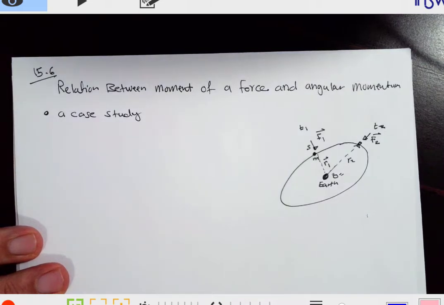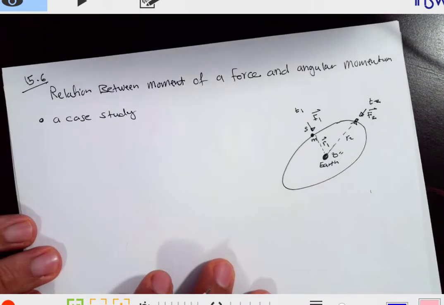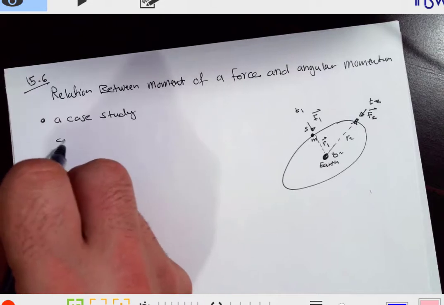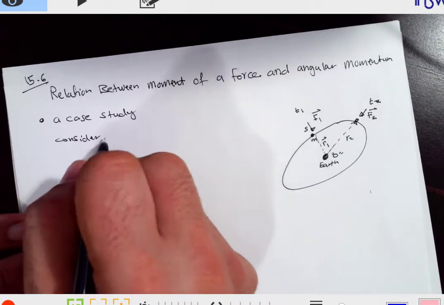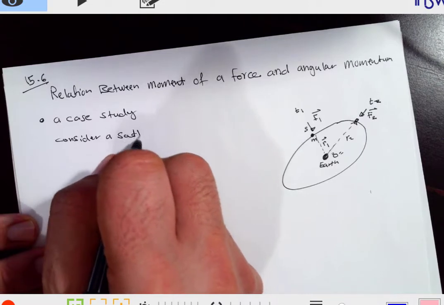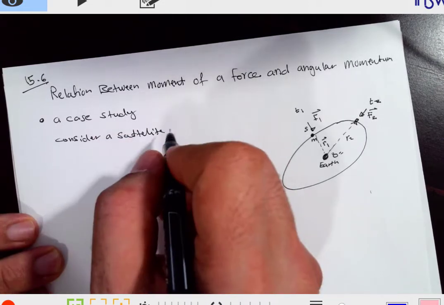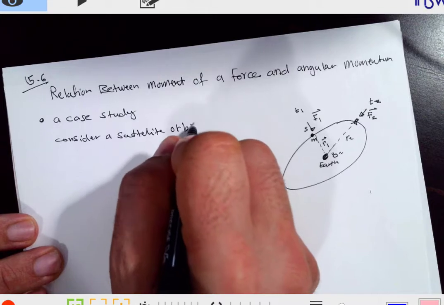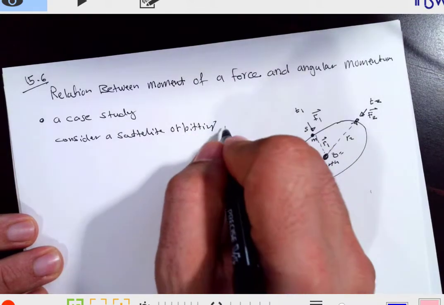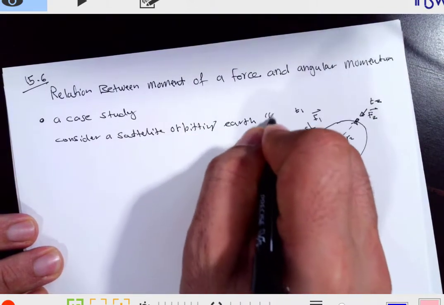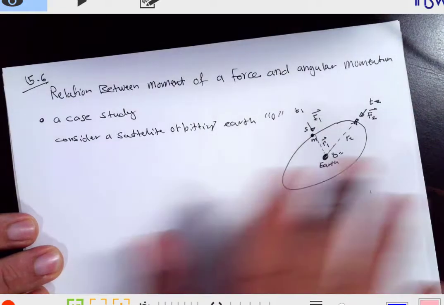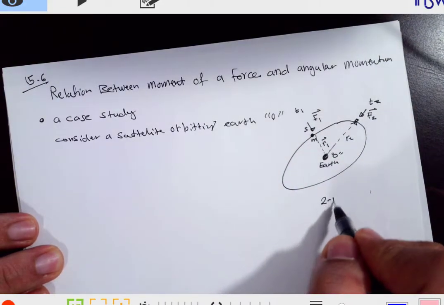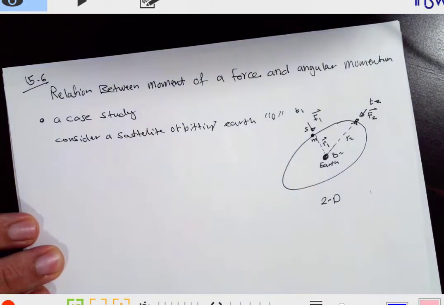Now consider a satellite orbiting Earth, and the Earth is at the origin, and let's consider this to be a 2D problem, right?